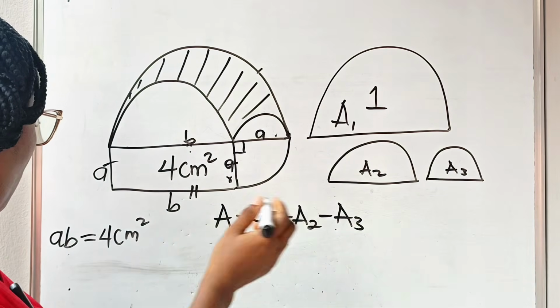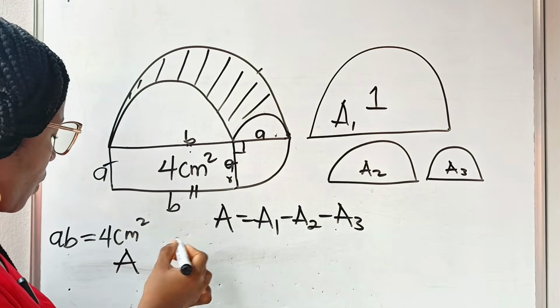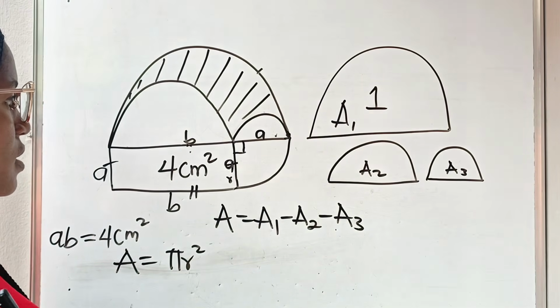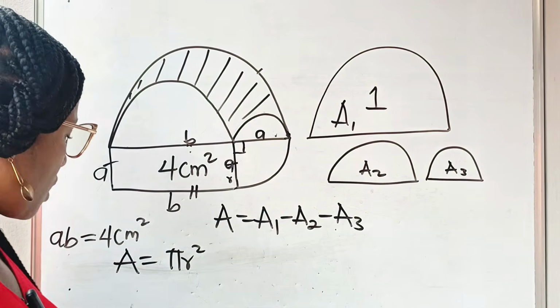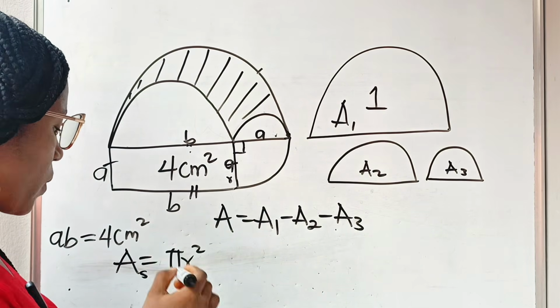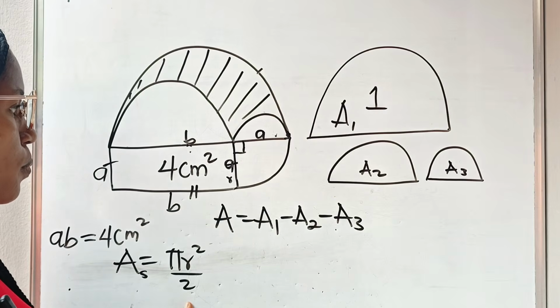First of all, area of a circle is equal to pi r squared, but since these are semicircles, the area of the semicircle, let's call it AS, should be pi r squared divided by 2.